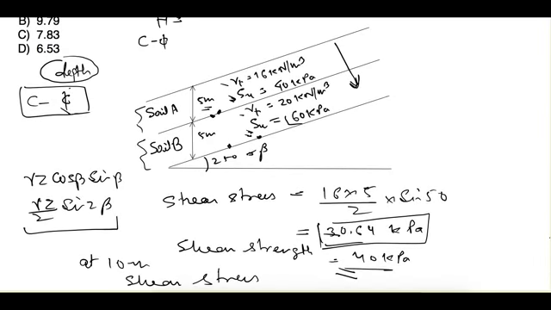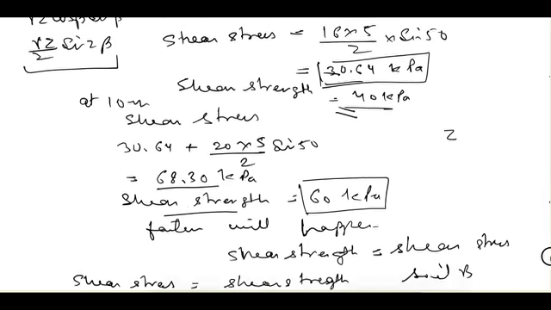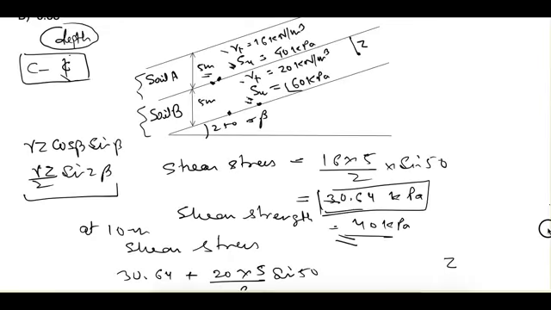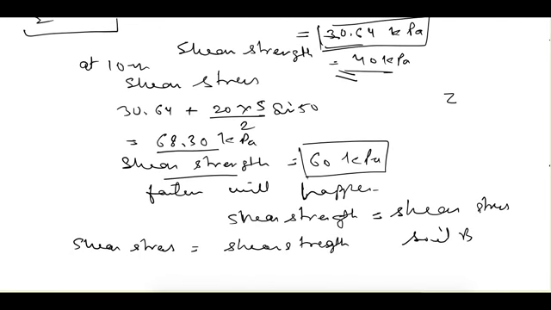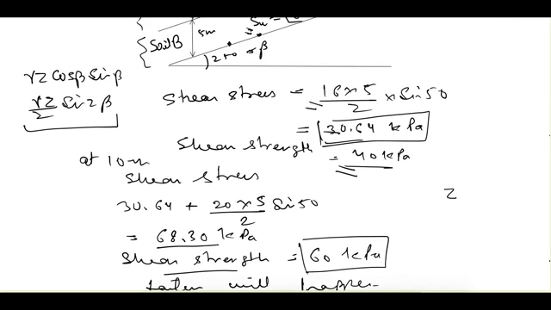So let's assume that from this level, at some depth Z, the shear stress becomes equal to shear strength. Let's write the shear stress first. The shear stress in this part, for the first soil, is the same, that is 30.64, which we found using 16 into 5 by 2 sine 50.